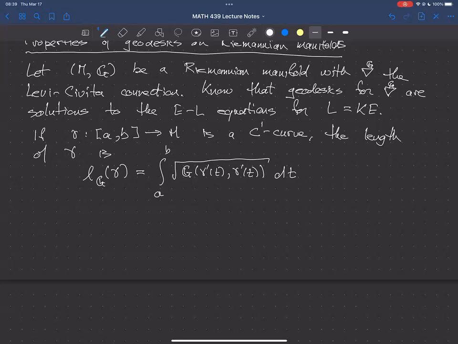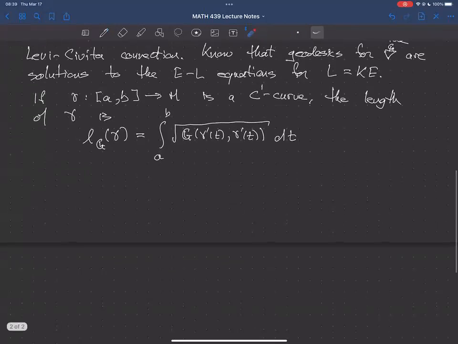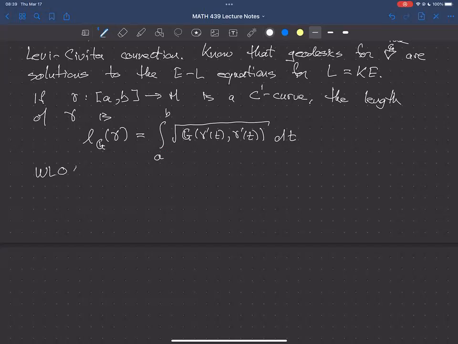So the first thing you will observe is that we don't really have to work with curves defined on [a, b]. It suffices to work with curves defined on, it turns out, the interval [0, 1]. And I'll explain to you why.